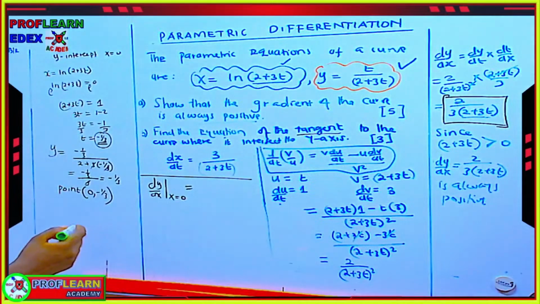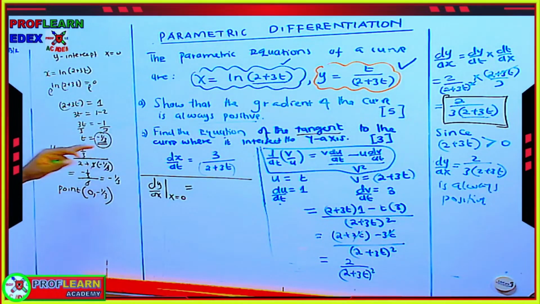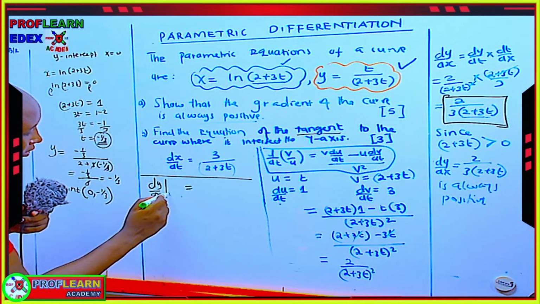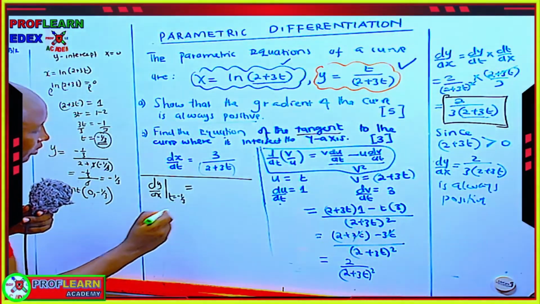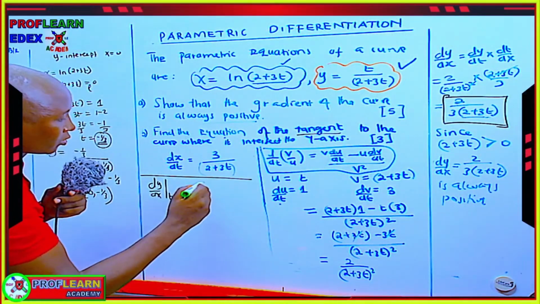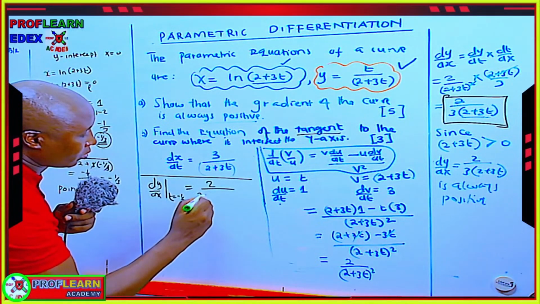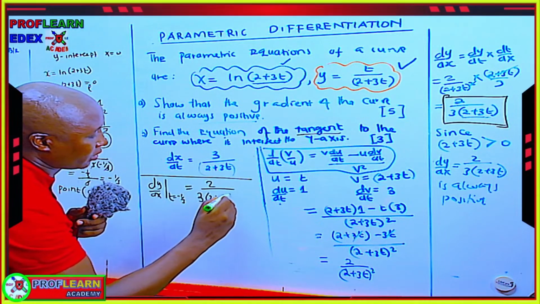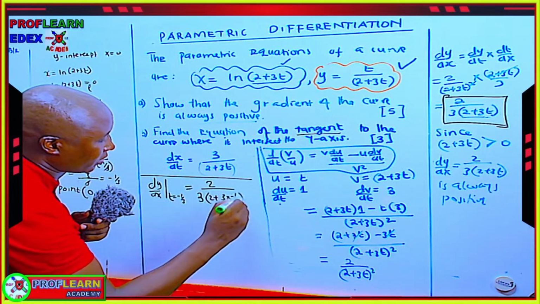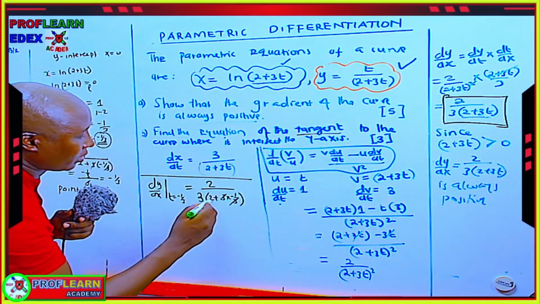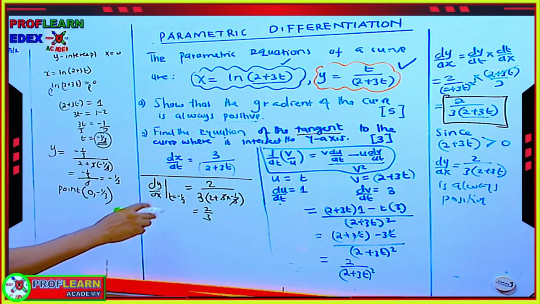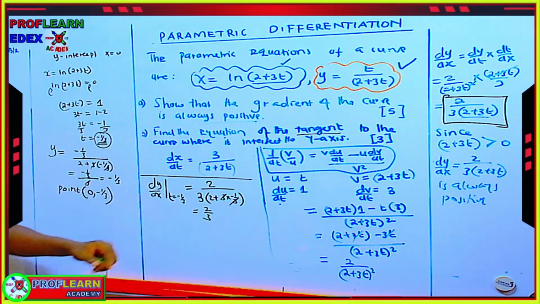So this is going to be 2 over 3 into 2 plus 3 times negative 1 over 3. So this and this will cancel out. Finally, the gradient of the tangent at that point is going to be 2 over 3.